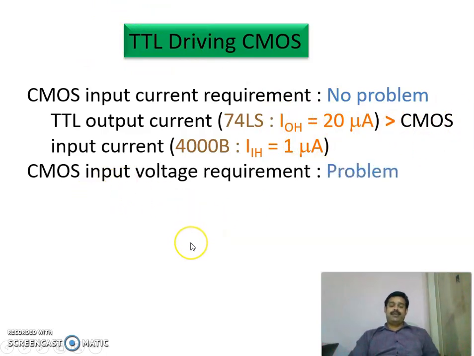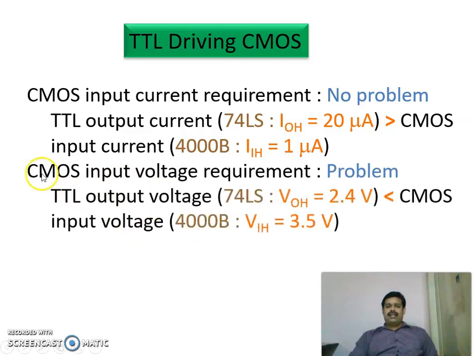Now the CMOS input voltage. The output voltage of TTL is 2.4 volt. This 74LS is a family of TTL. The output voltage of TTL is 2.4 volt and the input voltage of CMOS is 3.5 volt.